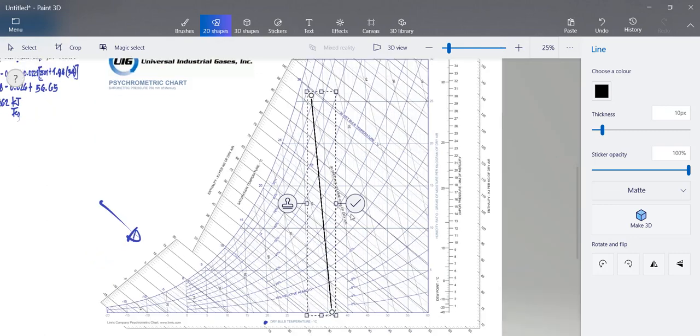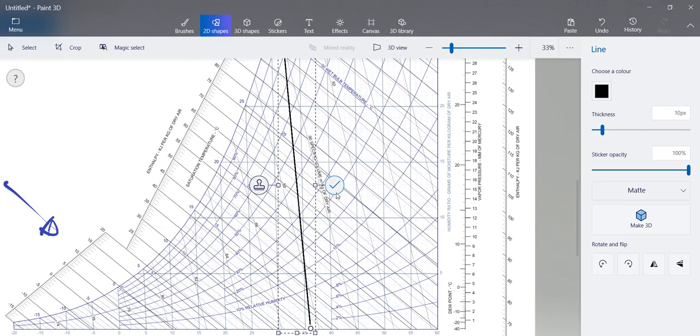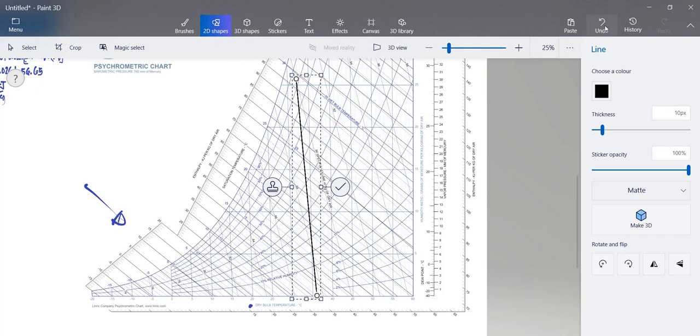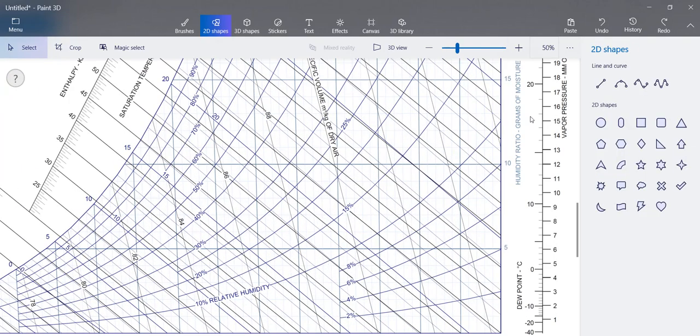Let's change this one. So it is 34 starting here.